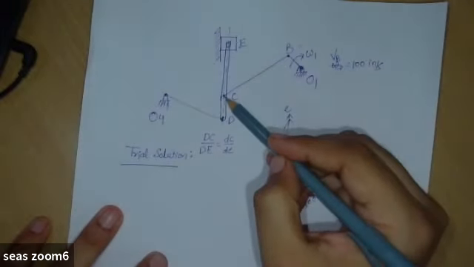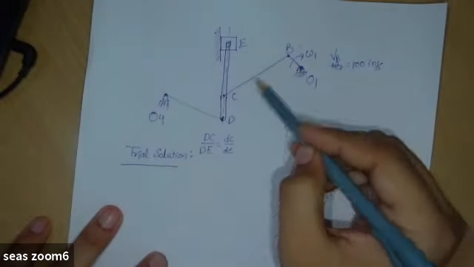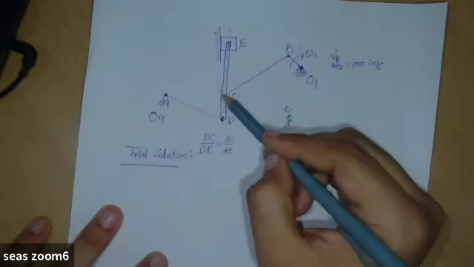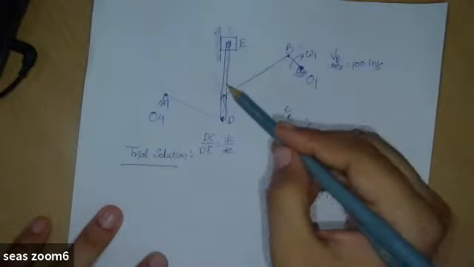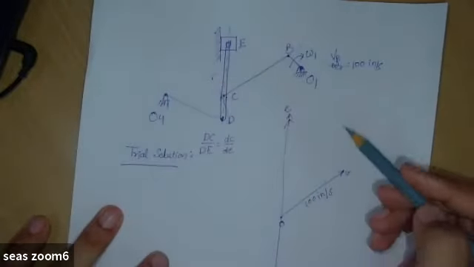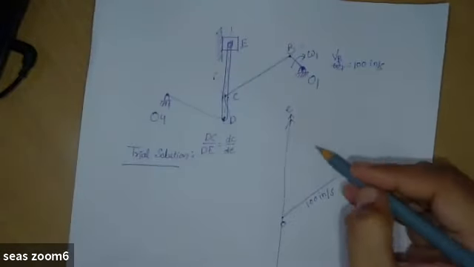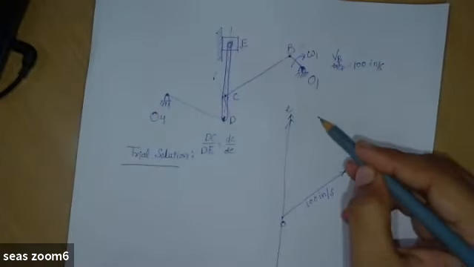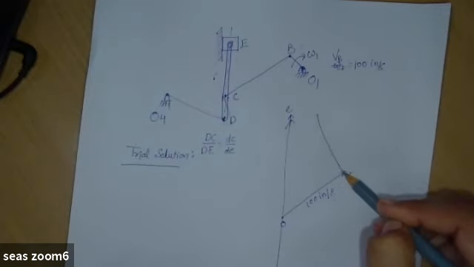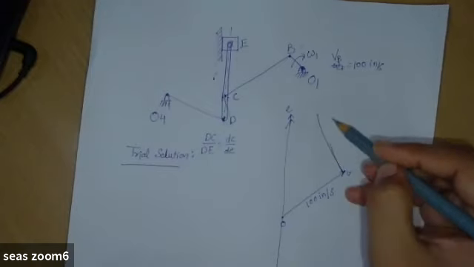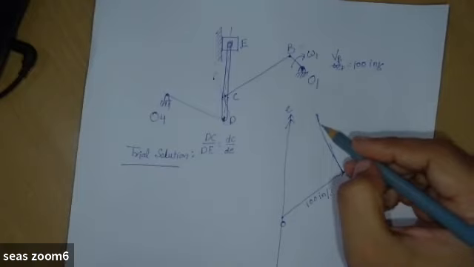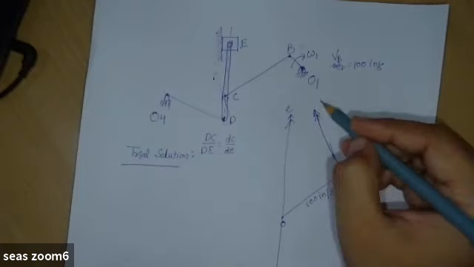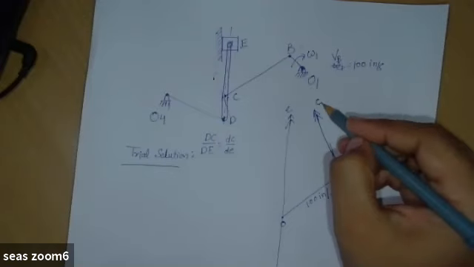We know that the velocity of point C with respect to B will be perpendicular to this line. So let's draw a perpendicular to line BC. We can draw a perpendicular line like this. It is again a trial vector. It may also go upwards and downwards. So I'm using two arrows and I'm writing point C.